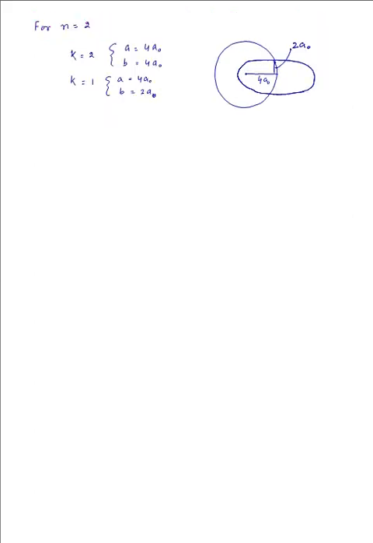Now for n is equal to 2, k takes the values k is equal to 1 and k is equal to 2, and correspondingly we have the values of a and b as 4a0 and 4a0 for k is equal to 2, and 4a0 and 2a0 for a and b in case of k is equal to 1.